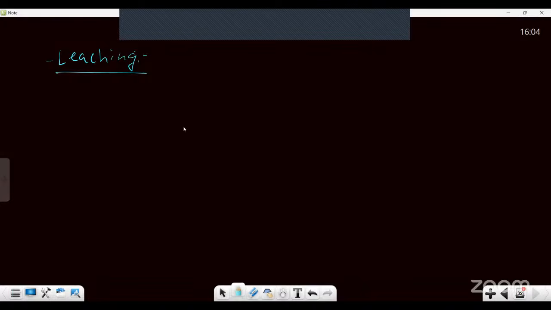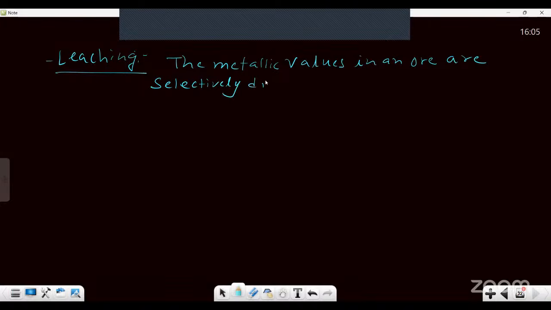Please write: the metallic values in an ore are selectively dissolved using suitable liquid reagent.